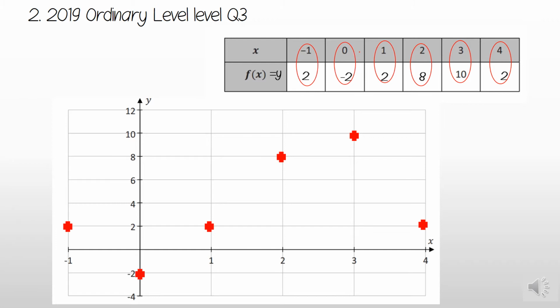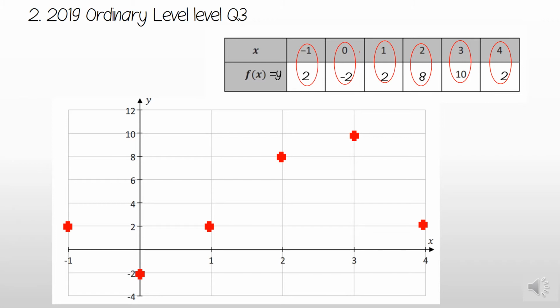And then if the equation had an x squared term in it as the highest power of x, it will look like a quadratic, so it will look u-shaped or n-shaped. And then if it's cubic, it will look like a wave, like a sine wave. So it's important to know the general shape.